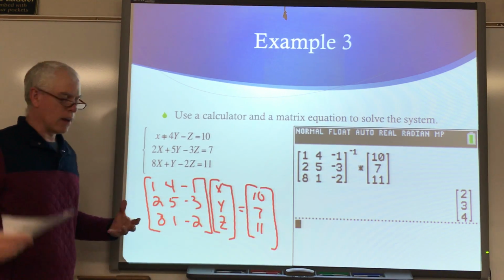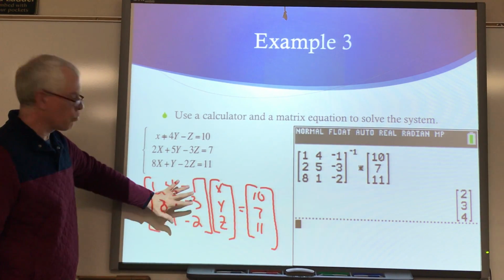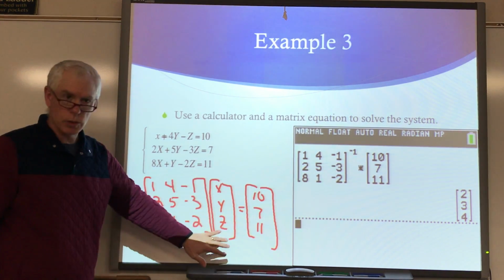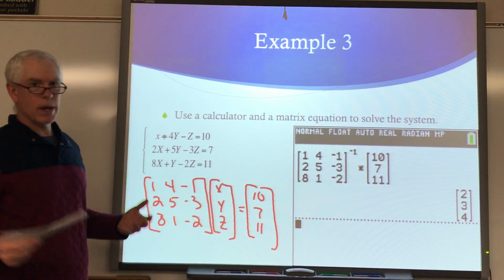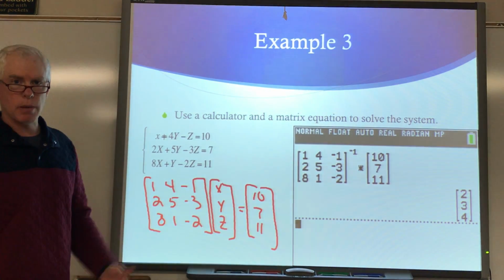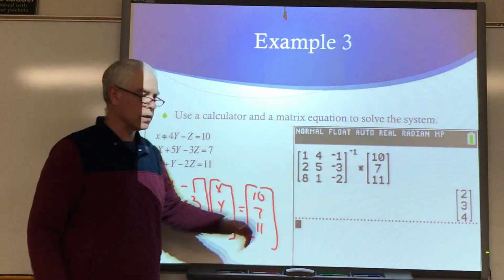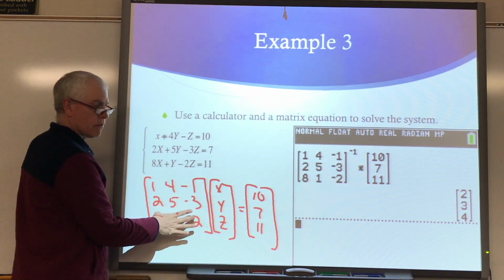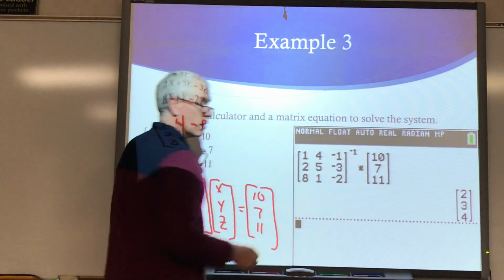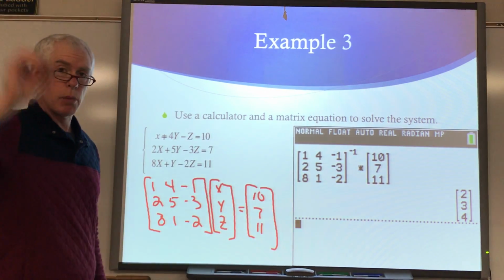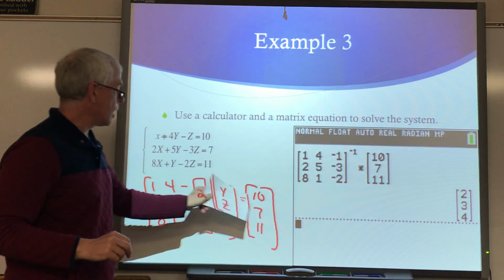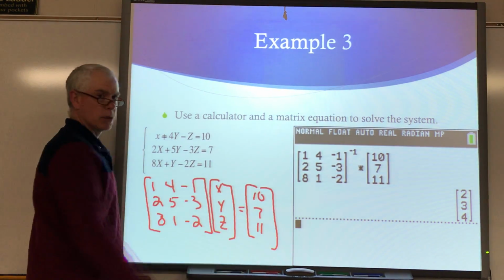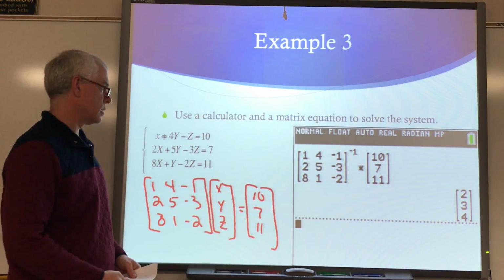And if you just think of algebra in general, I need to get rid of this matrix because I want the variables by themselves. Well, the only way to get rid of a matrix is to multiply by the inverse. And if you look over here on my calculator, I took this coefficient matrix, I took the inverse of it, which is just that x to the negative 1 button on your calculator, times this one, because I have to take the inverse to both sides of the equal sign.